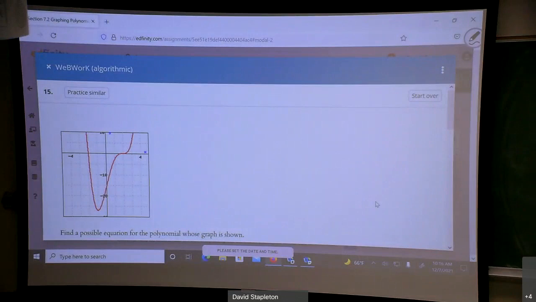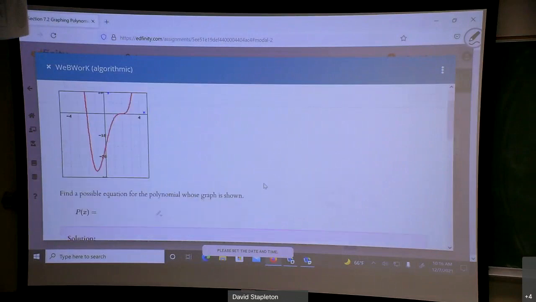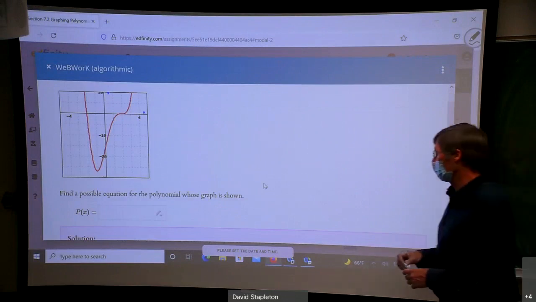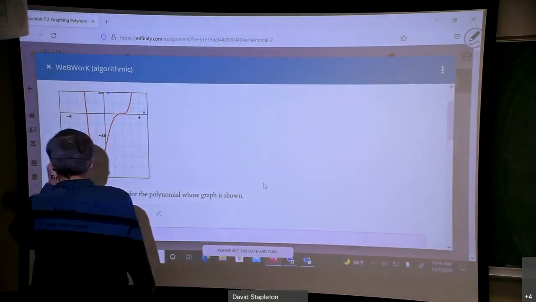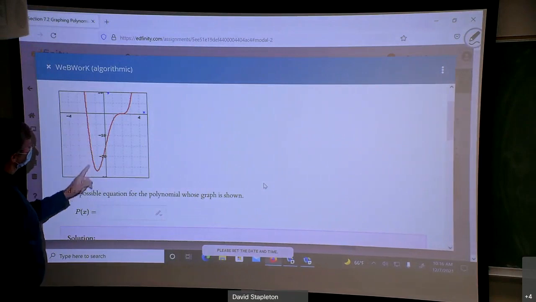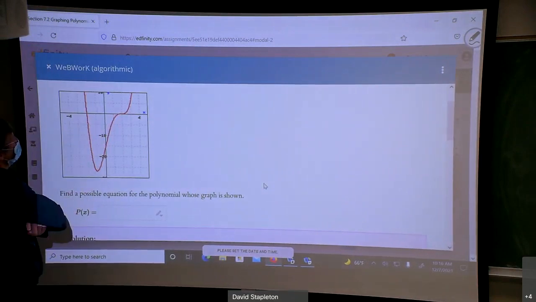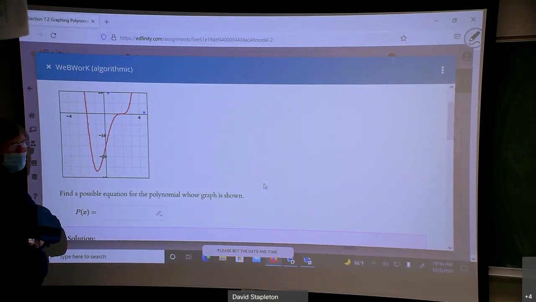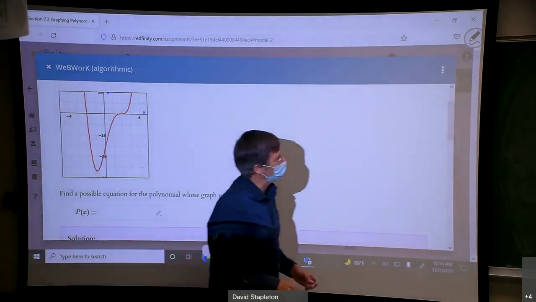Oops. Where's the rest of the problem? There it is. Yeah. Find a possible equation for this graph of going into a polynomial. So if I see this, and I know it's a polynomial graph, what's its equation? Go back the other direction. And we figure it out with the same graphic properties.